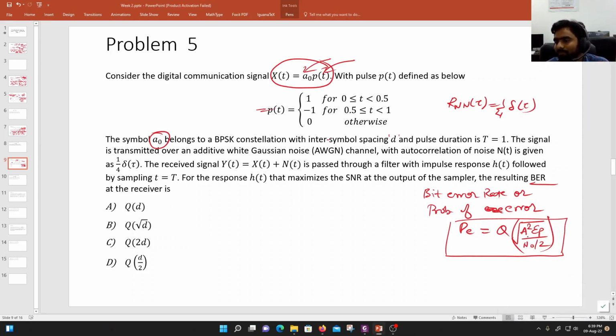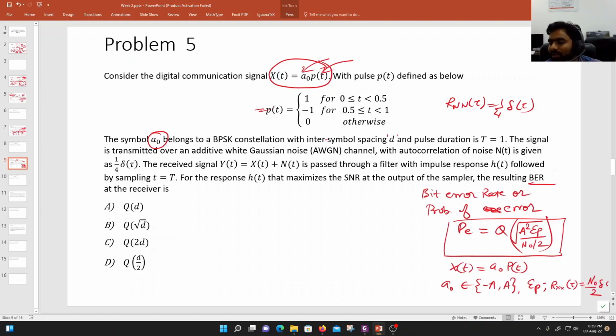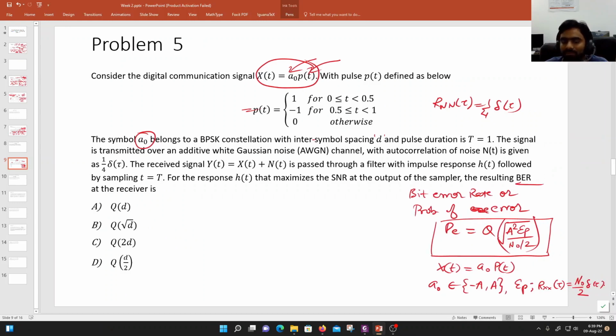This formula is for the system x of t is A naught p of t, where A naught belongs to the constellation minus A to plus A, the energy of pulse p of t is E of p, and the autocorrelation of the AWGN noise is N naught by 2 del of t. Clear? This formula is valid for these cases.